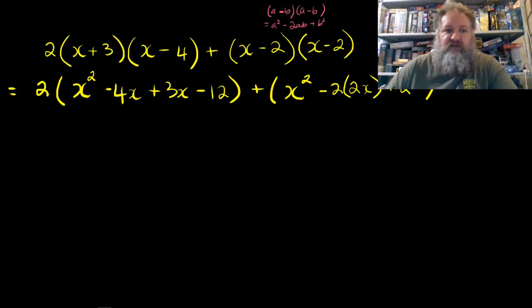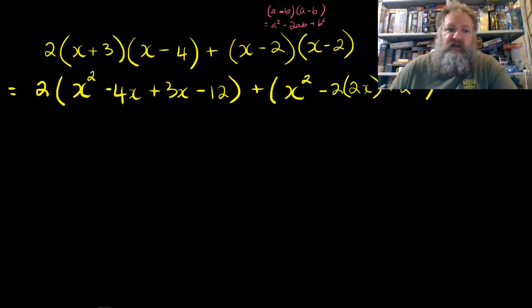So now I have all of this still in a bracket with a 2 out the front over here, and over this side I used my rule. I know it'll be x squared minus 2 lots of 2x, there it is there, and then it'll be plus this last value squared.